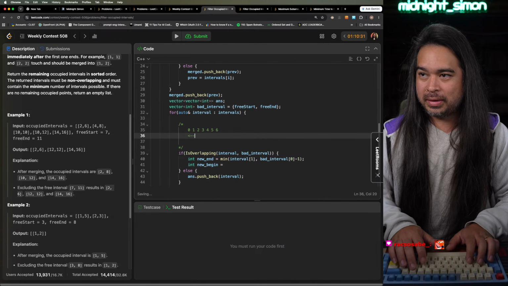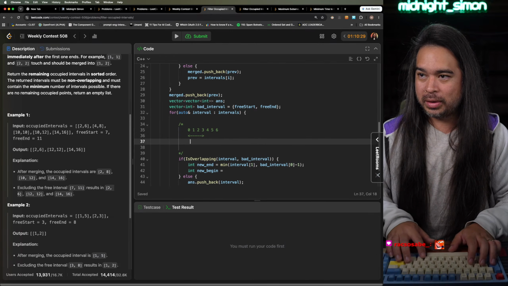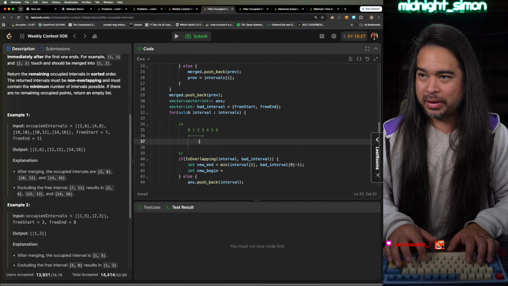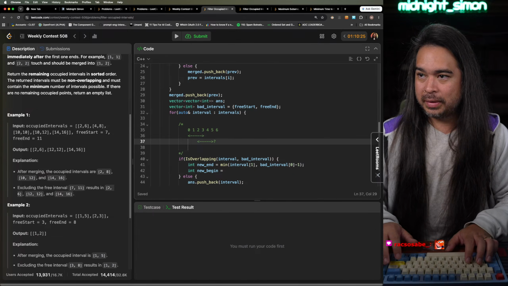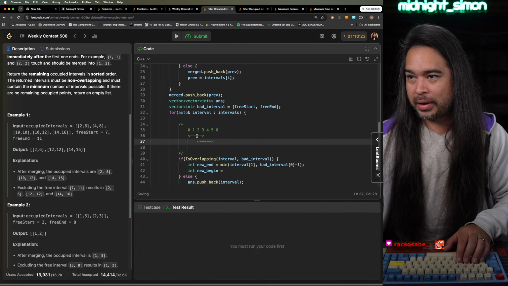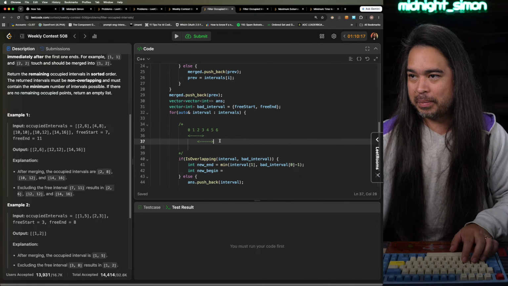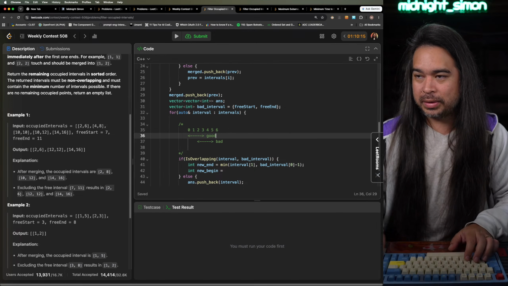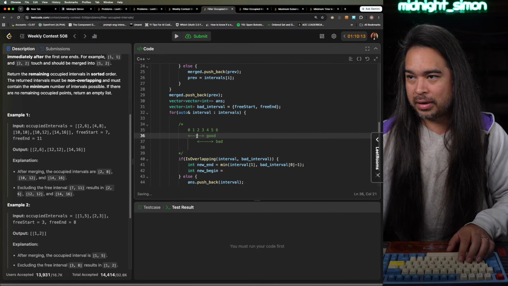So if I had, alright, this is one example of overlapping intervals, right? Then I want 0 to 1 as my new interval. If this is the bad one and this is the good one, then I want to cut this whole part off and take only that.